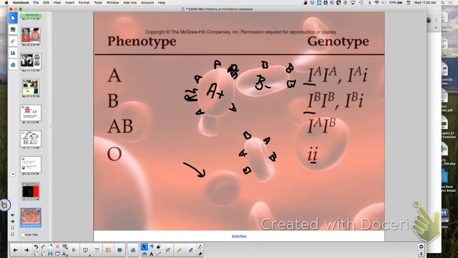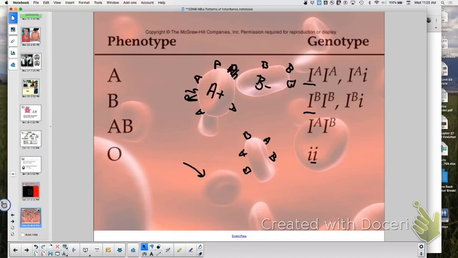And then I gave you, instead of just big A and little a, you could have big IA, big IB, or little i, or any combination. Codominance is when both dominant allele possibilities are expressed, which can happen with AB blood types.